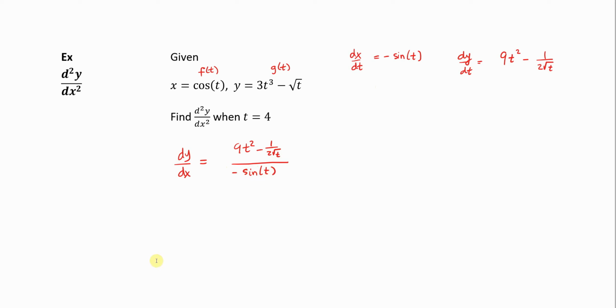Okay. All right, so now if I want to take the second derivative of y with respect to x, but give the answer in terms of t, I like to look at it this way. I like to say that this is big F of x, and this is all the same over here.